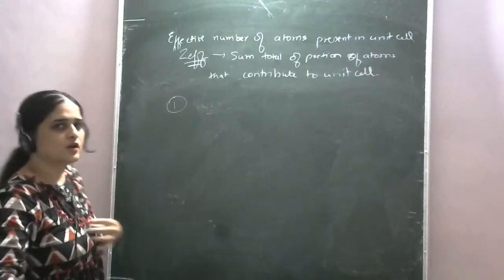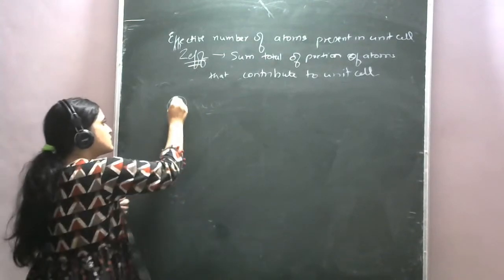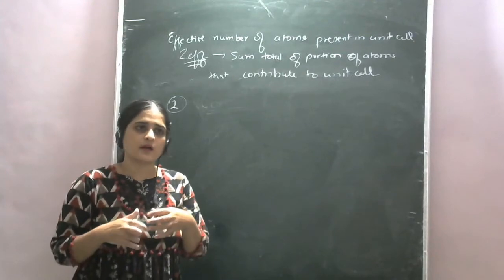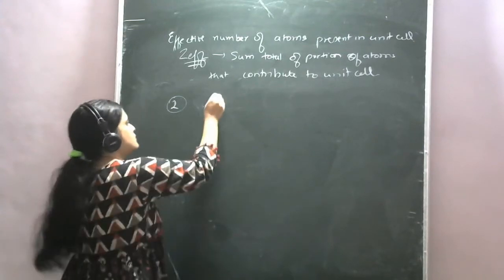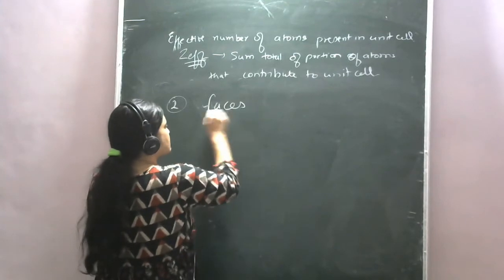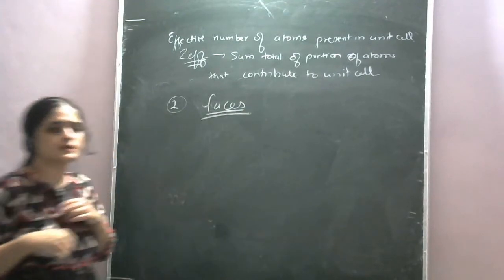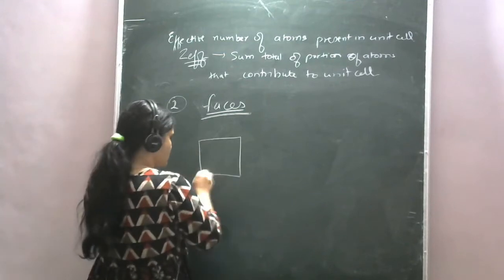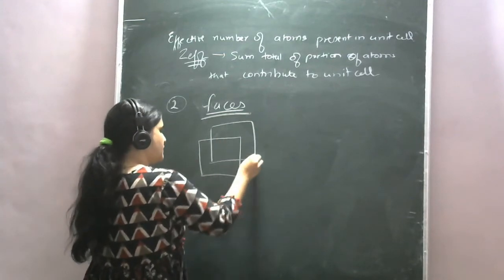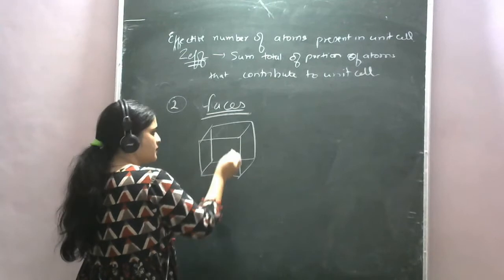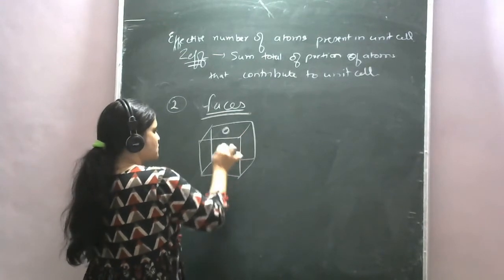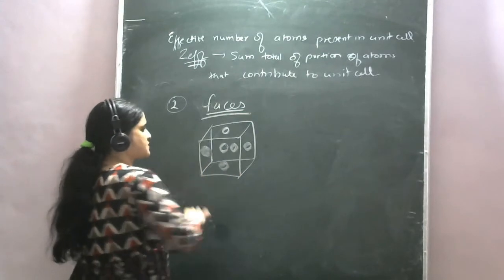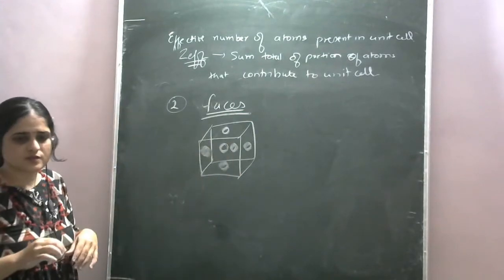Now for the atoms which are present at the faces, when you talk about the faces you should know one thing: in each cube there are actually 6 faces.